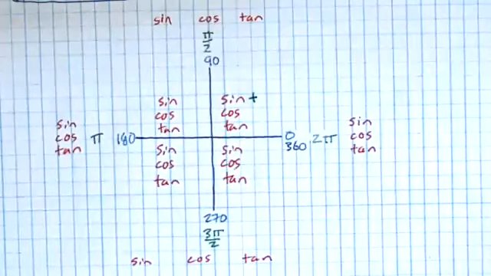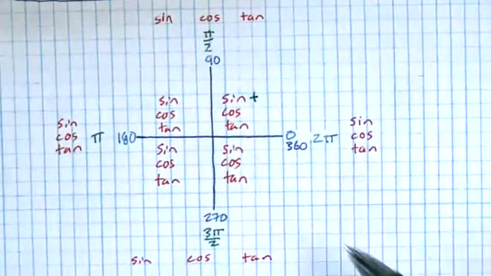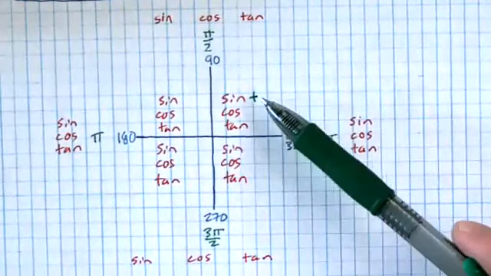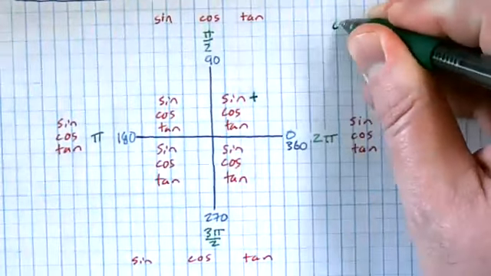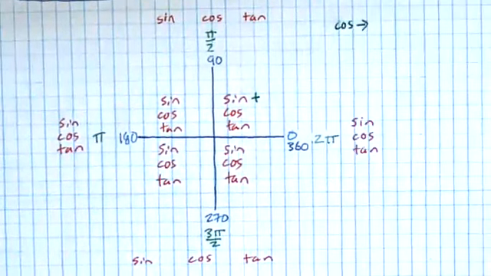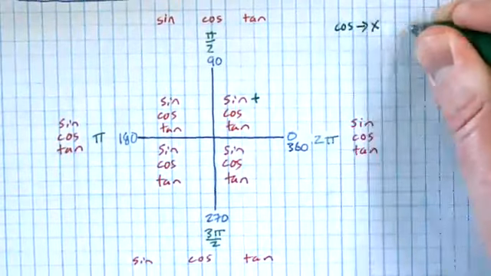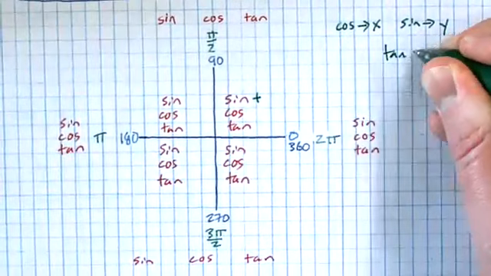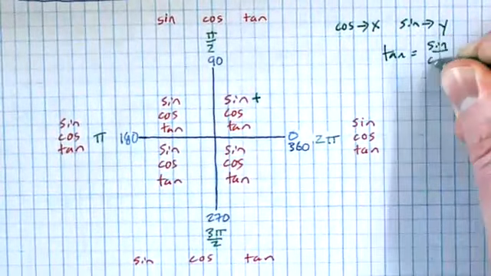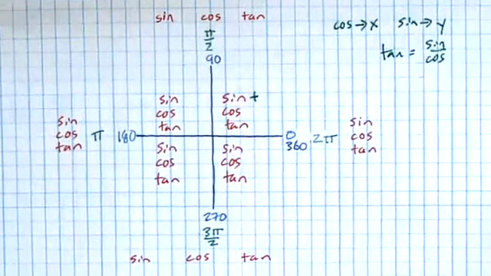If you're done, if you could go ahead and start filling them in, I want you to think about what we just talked about. Remember, sine goes with, let's make a little note up here. Cosine goes with what? The x or the y coordinate? Cosine goes with the x, sine goes with the y, and tangent is equal to sine over cosine, or y over x.